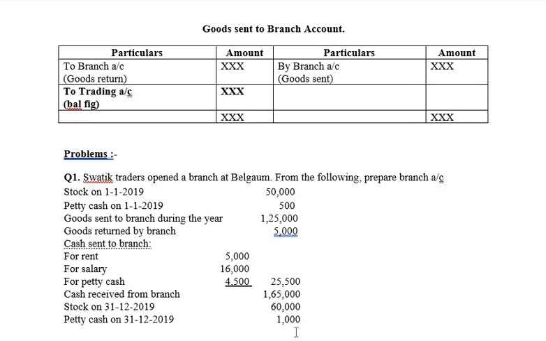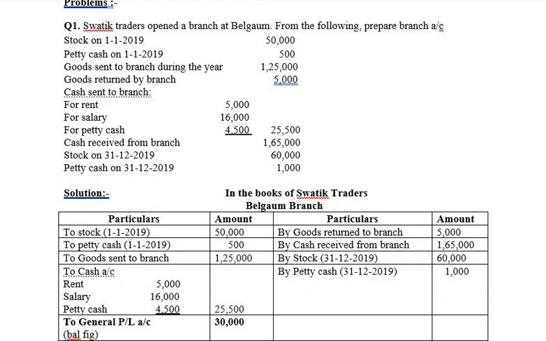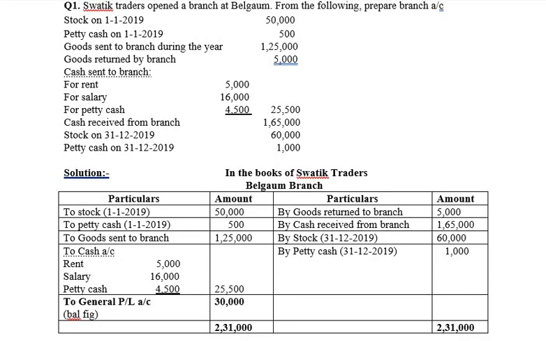So the closing stock is 60,000 and the closing petty cash amount is 1,000. With this information you've got to prepare a branch account. So let's begin with the branch account. I have actually solved the question beforehand, because solving it simultaneously would be a little time consuming. So that's how I've solved the question.